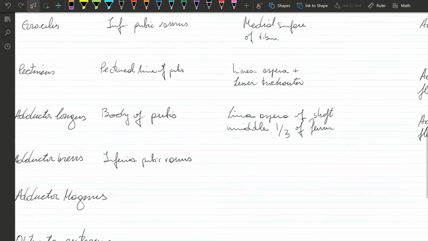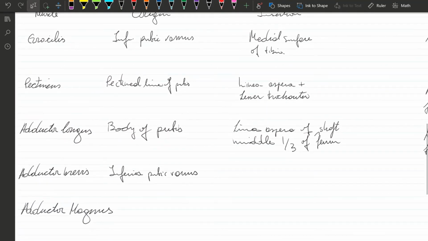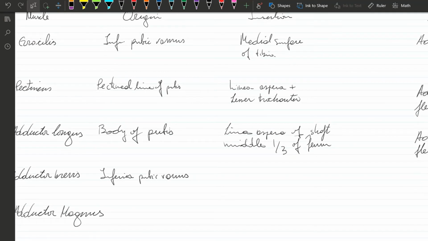As mentioned before, it has a similar insertion to the adductor longus, and that's the linea aspera of not the middle but the proximal third of the shaft of the femur.